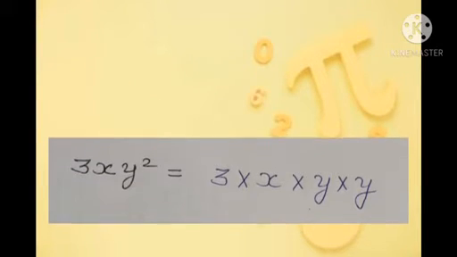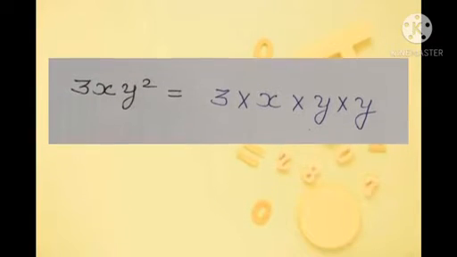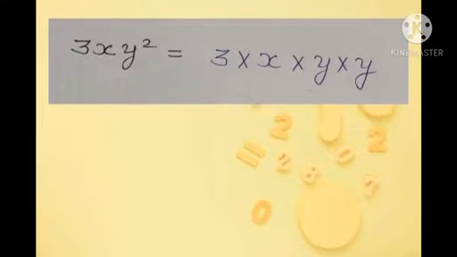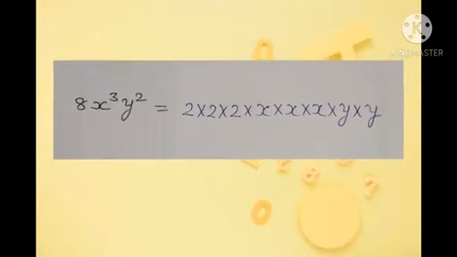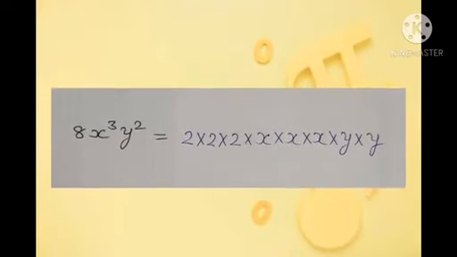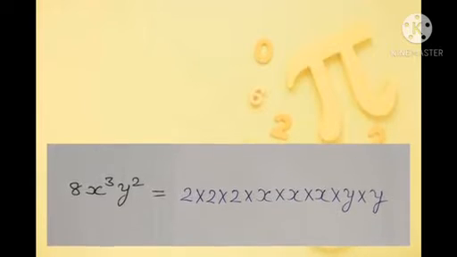For example, 3xy square can be written as 3 into x into y into y, and 8x cube y square can be written as 2 into 2 into 2 into x into x into x into y into y.